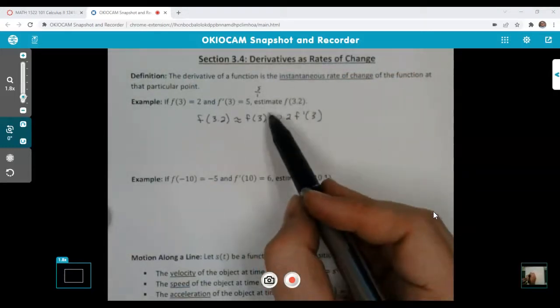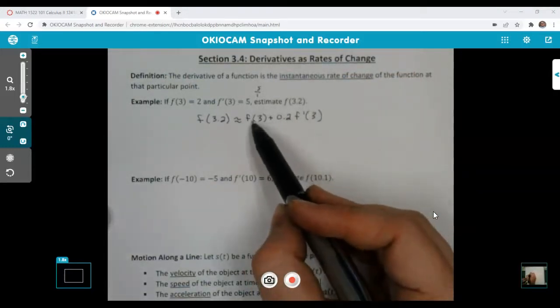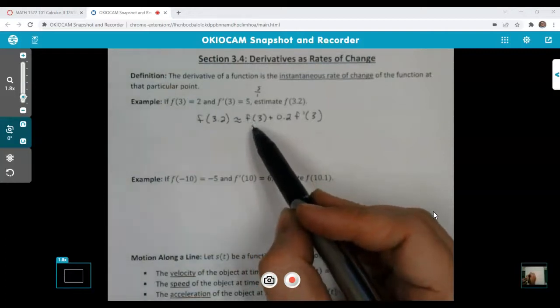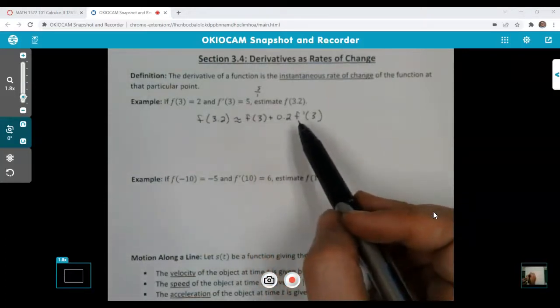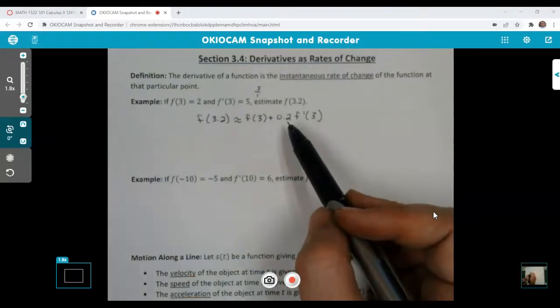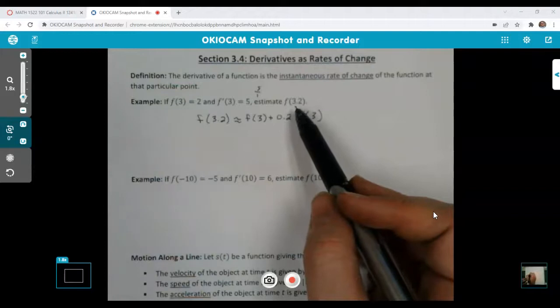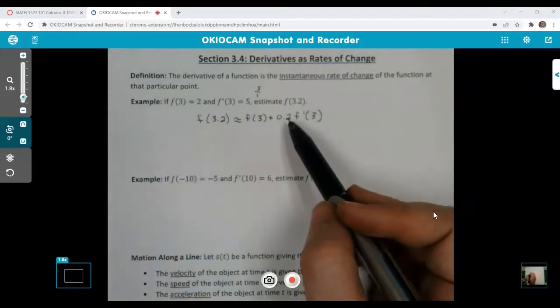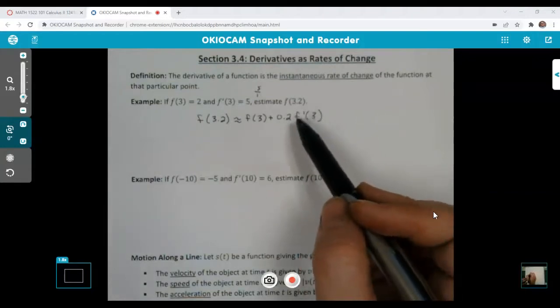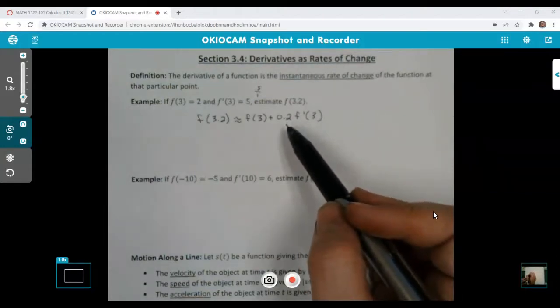Okay, because this is where I'm going to start. I'm going to start at f of 3, and then I'm going to do my slope, the amount of times that it takes to get to my new point, which is 3.2, which is 0.2 times, right? Because from 3 to 3.2 is 0.2. And I'm going to do my rate of change that many times.